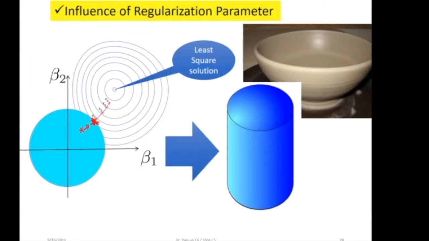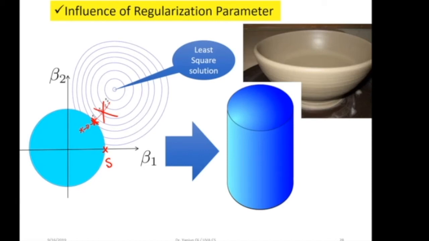Now, the influence of the regularization parameter. This is S. When I increase S, I'm increasing the blue circle.